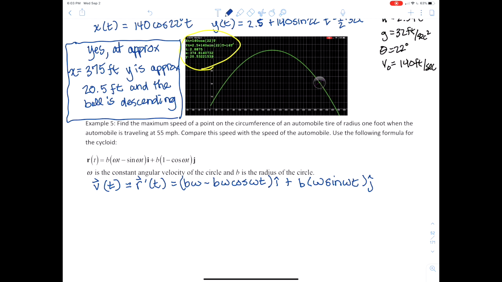Cool? So, cleaning it up a little, v at t would be b omega times (1 minus cosine omega t) times i plus b omega sine omega t times j.